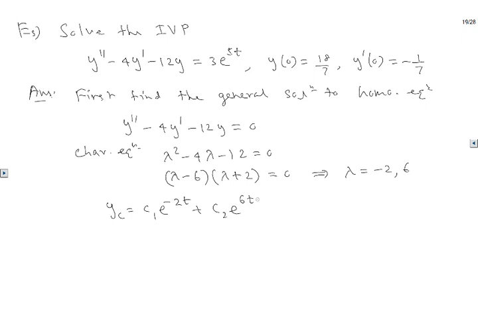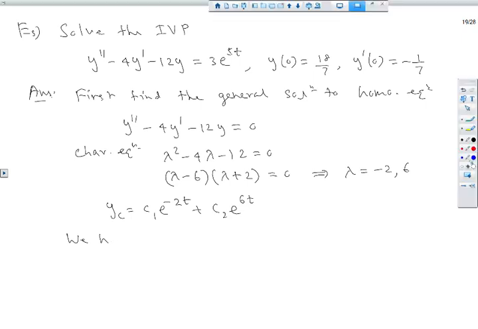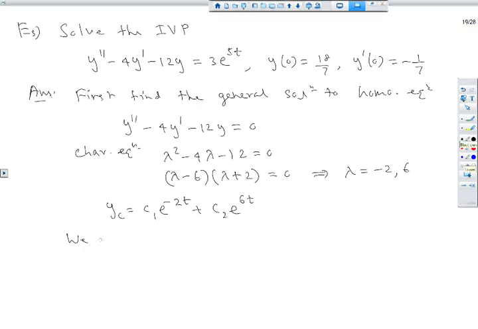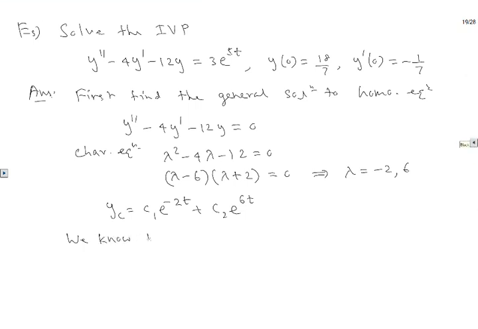If you don't know it, you find it at this point, but since we know it, we can write it: yp is equal to -3/7 e to the 5t. So when you get a general problem like that, we always find the yc first, for a reason that will be clear later, and then find the yp.